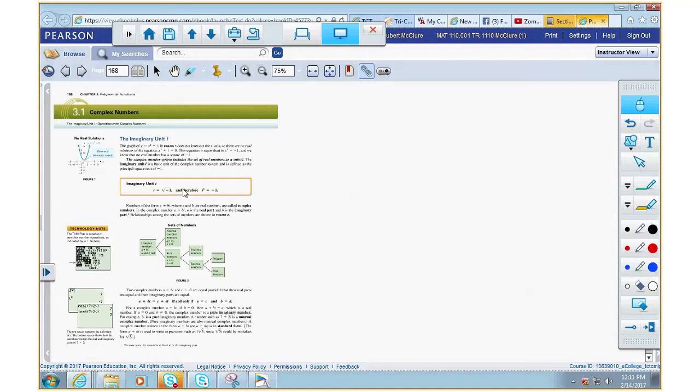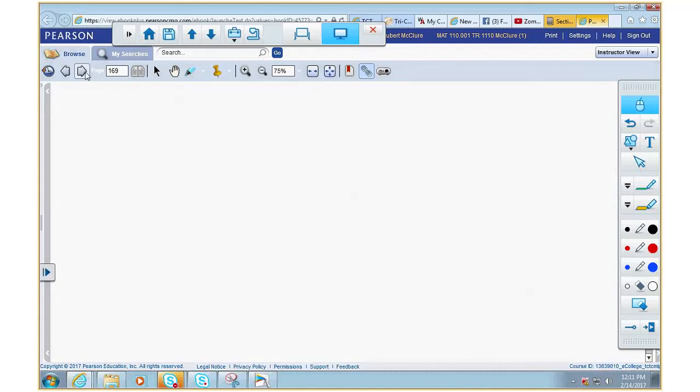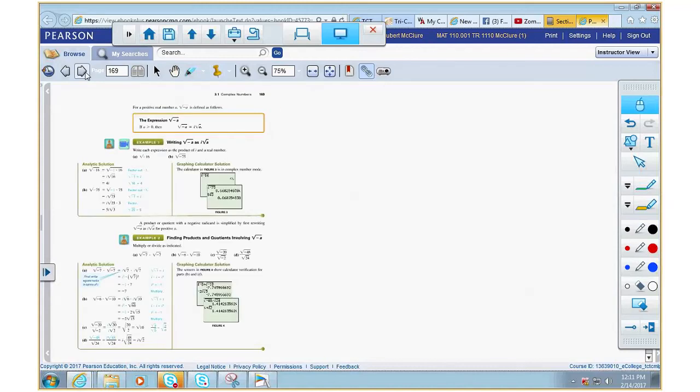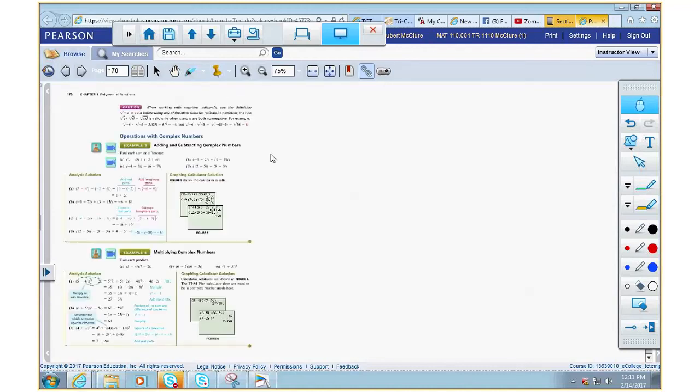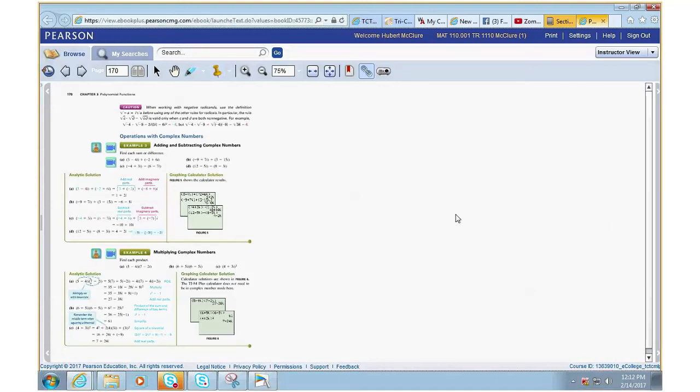Complex numbers. I told you 3.1 was complex numbers. We already covered it. I do want to cover a couple of things here. I want to make sure you understand what i is, and operations with i. So I'm not going to do the book here. I'm just going to go to a white screen, and we're going to go through it on the white screen.